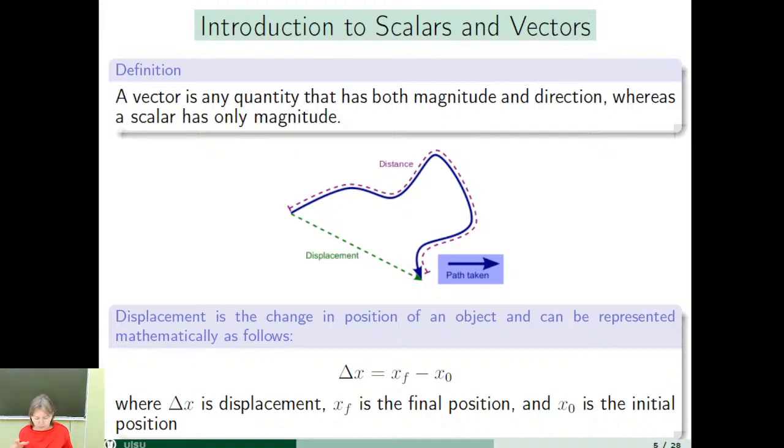The word displacement implies that an object has moved or has been displaced. Displacement is a change in position of an object and can be represented mathematically as follows: delta x equals xf minus x0, where delta x is the displacement, xf is the final position, and x0 is the initial position.